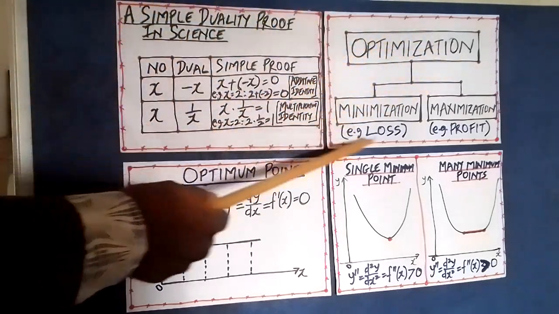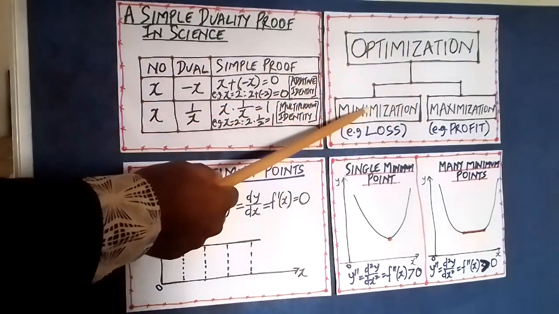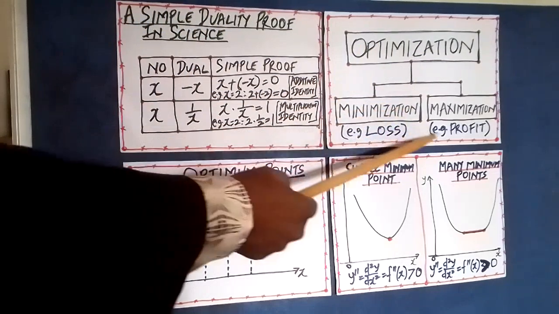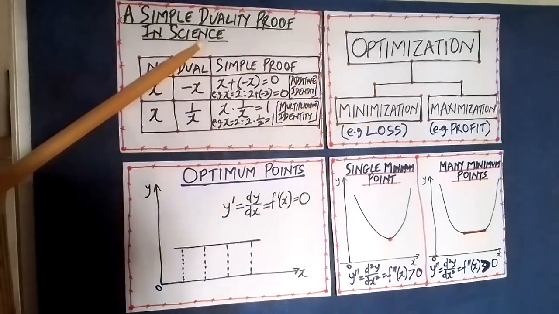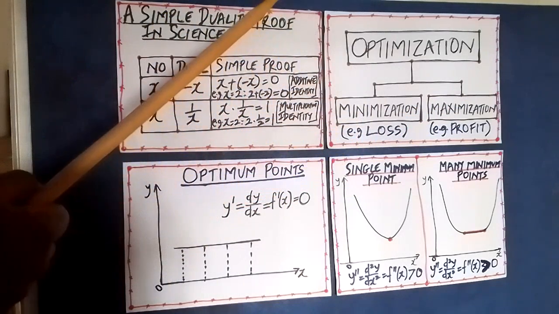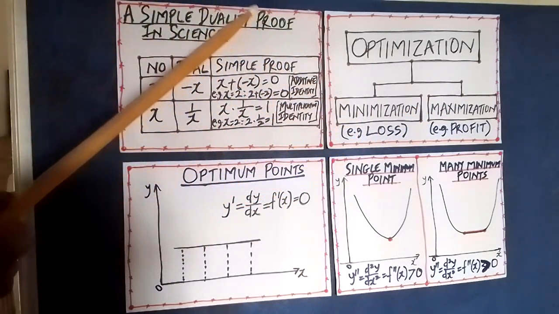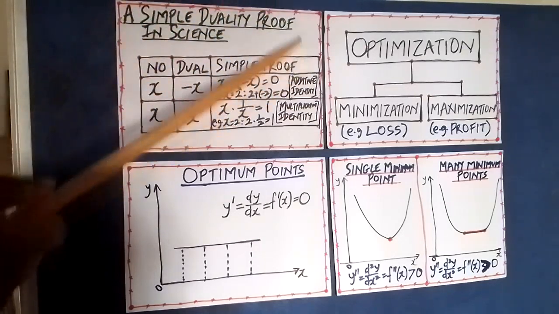So, with respect to applications, we can talk about minimization, which is a dual of maximization. And when do you normally have minimization? You have minimization in situations in which you want the value of the quantity you are trying to explore, you are trying to measure, to be very low.